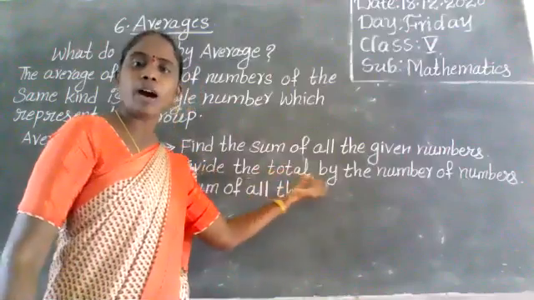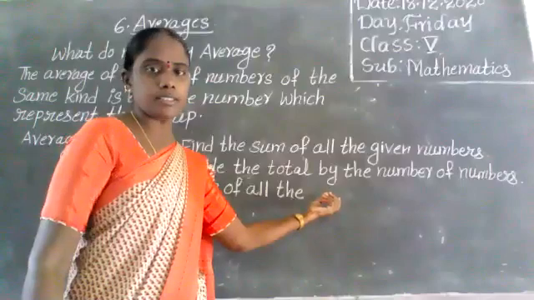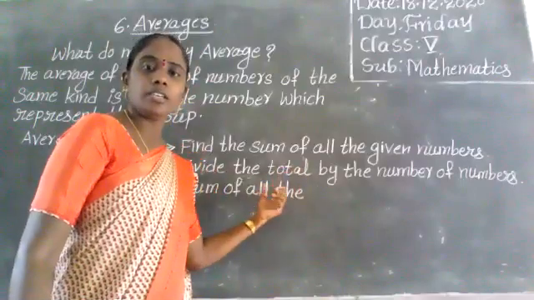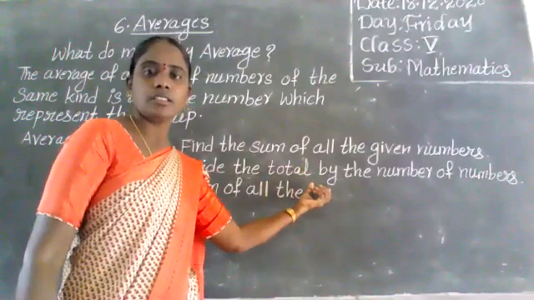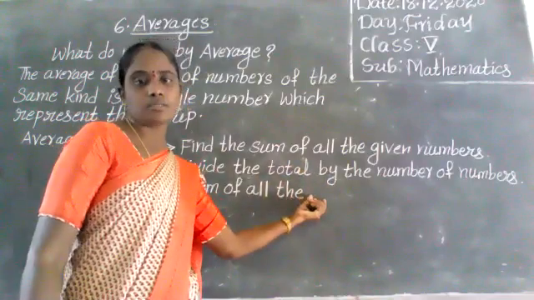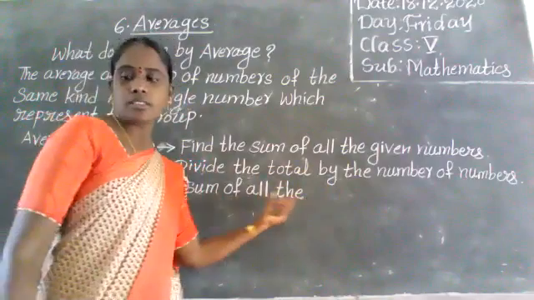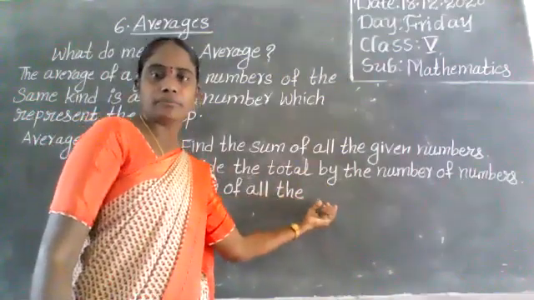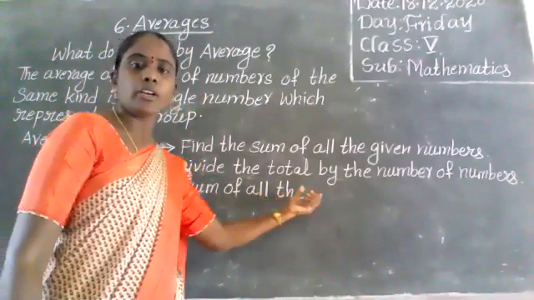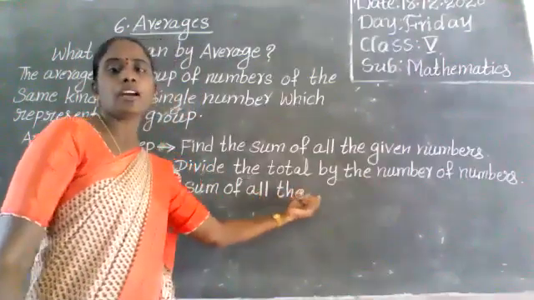If marks are given, we add the marks. If scores are given, we write scores here. Sum of all the scores, sum of all the marks, sum of all the weights, according to the problem.